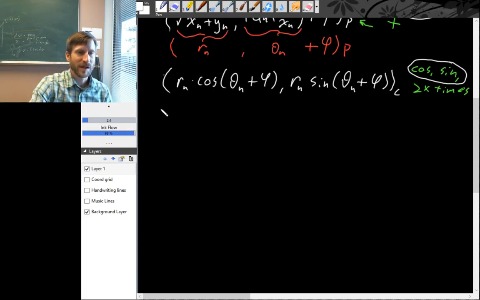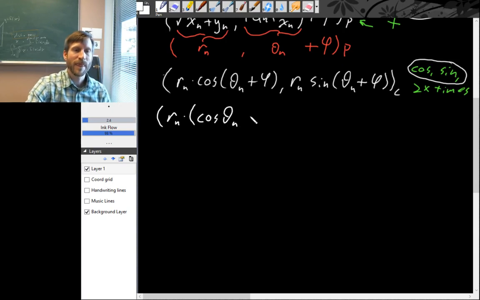So this would be r sub n times, so now we have to write down the sum formula for cosine. This is cosine of theta sub n times cosine of phi minus sine of theta sub n times sine of phi.